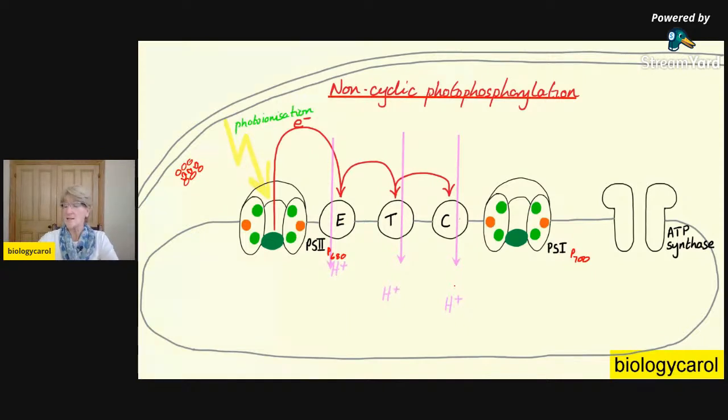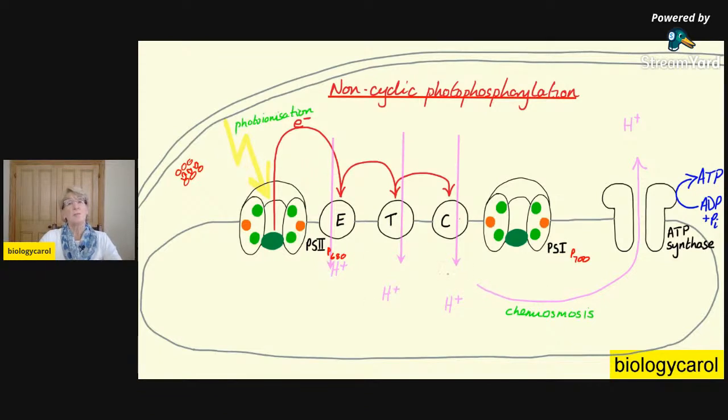And in this case, as the hydrogen ions go through this specialized enzyme, which, let's face it, is also a transport protein, they make ATP. The enzyme catalyzes the reaction to make ATP from ADP and Pi.